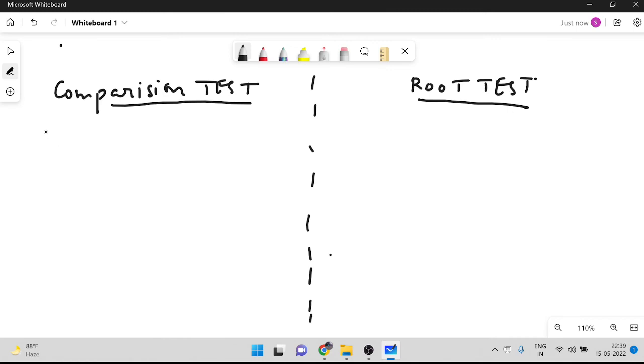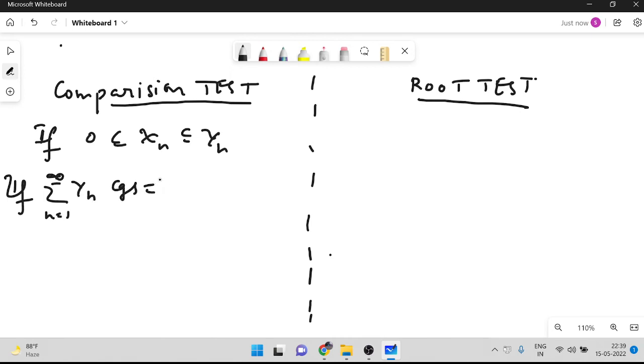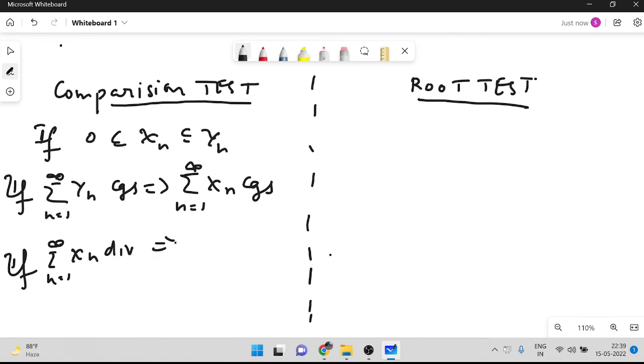So basically, if 0 is less than or equal to xn is less than or equal to yn, then if the sum of yn converges, the sum of xn converges. If the sum of xn diverges, the sum of yn diverges.